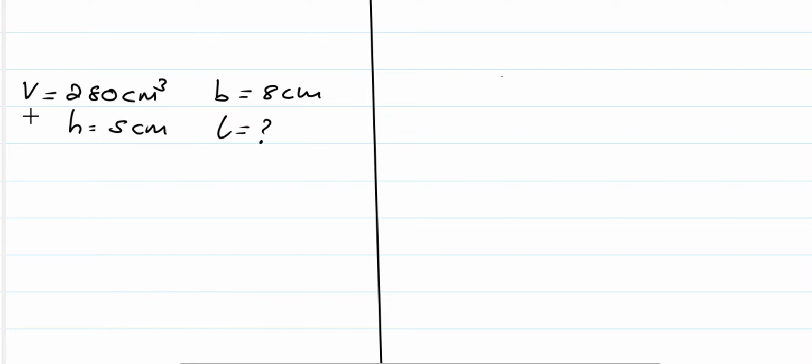So for this, the volume is 208 centimeters cubed, the base of the triangle is 8 centimeters, the height is 5, and we are asked for the length. But we know the volume V of a triangular prism is given by the area of the triangle, which is half base multiplied by height, then multiplied by the length to get the volume.